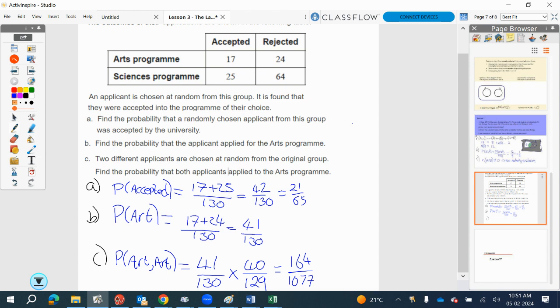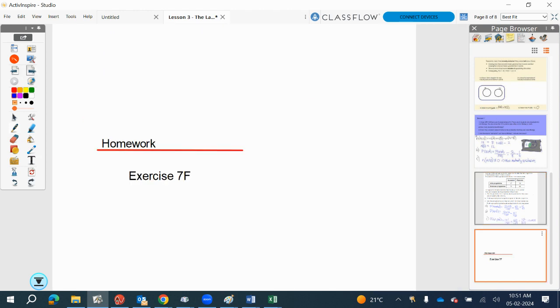What's that as a decimal? 0.0978. Okay, have a go at exercise 7F.